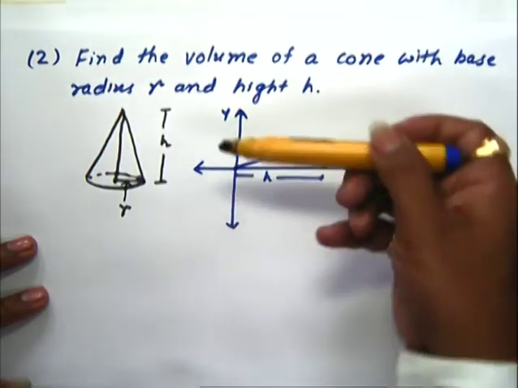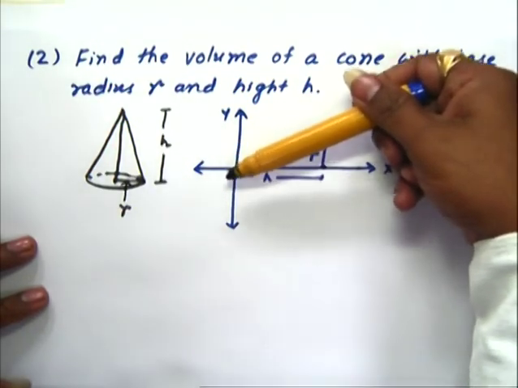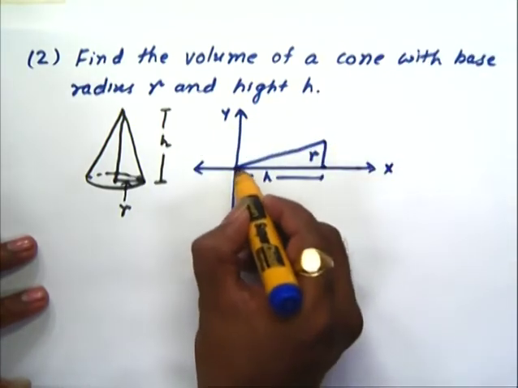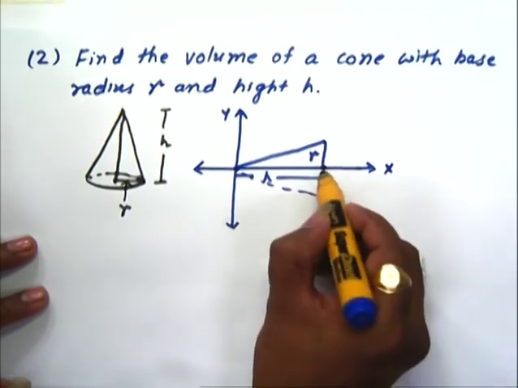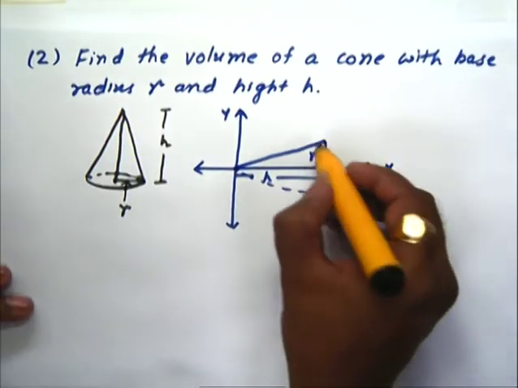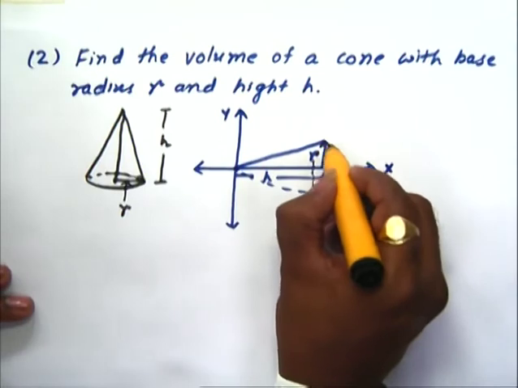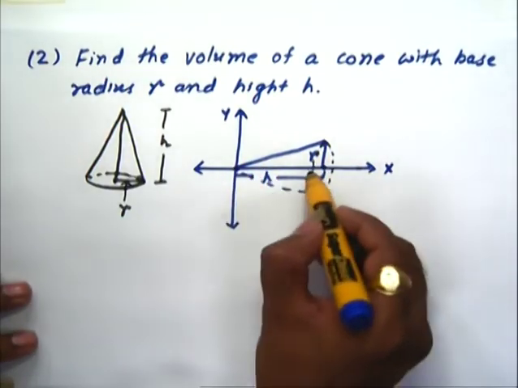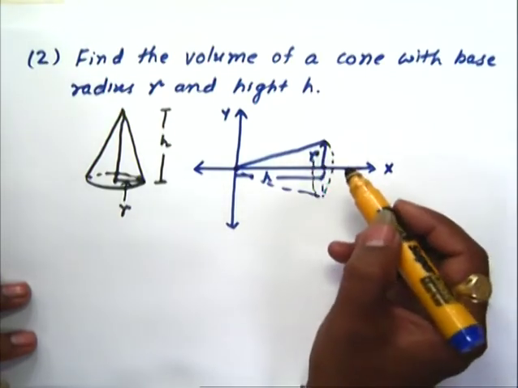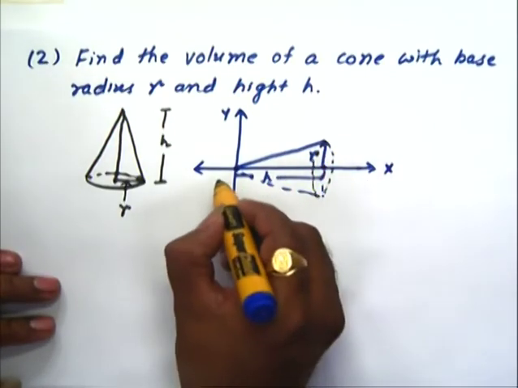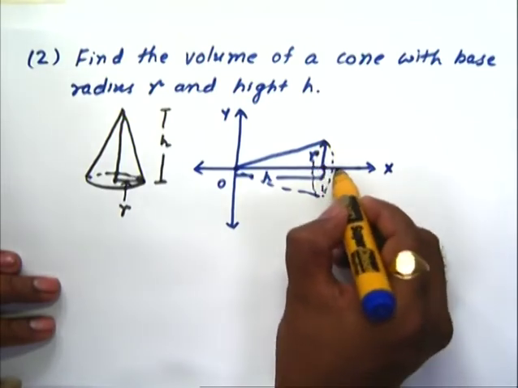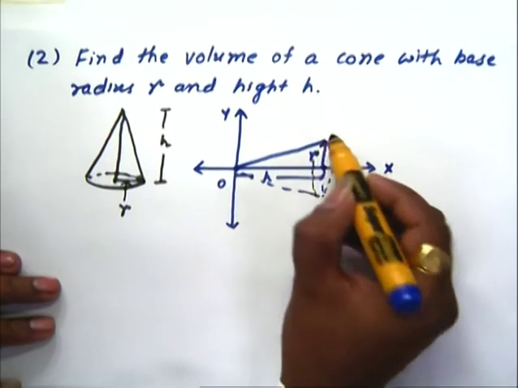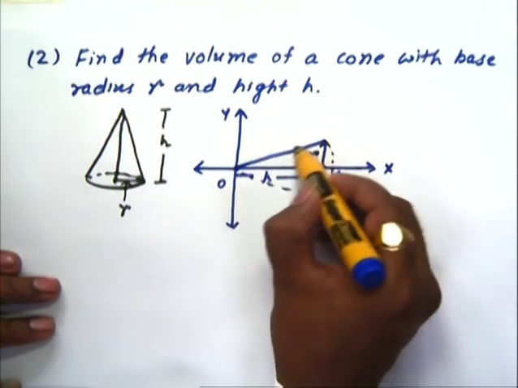Okay, if you rotate this line about x axis, then you will get this thing. So you will get the cone of height h and radius r. This is 0 and this is h.